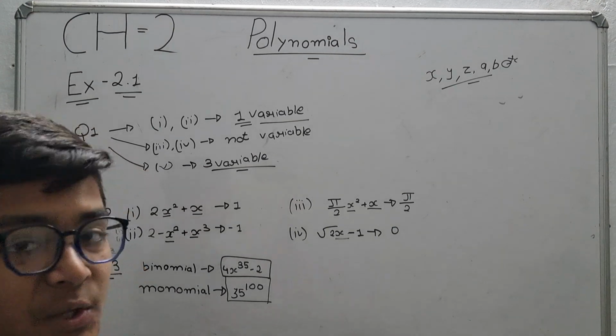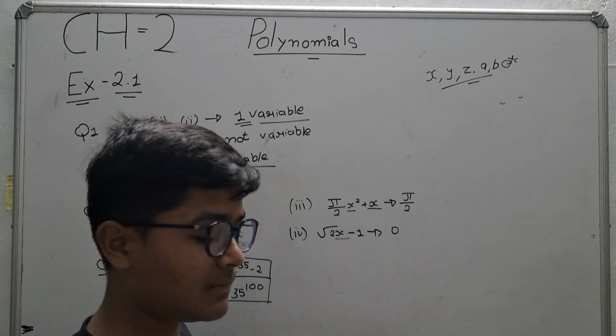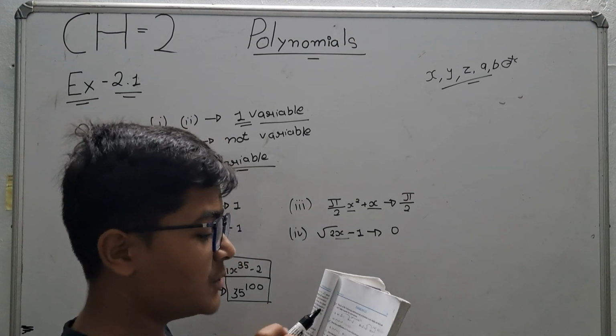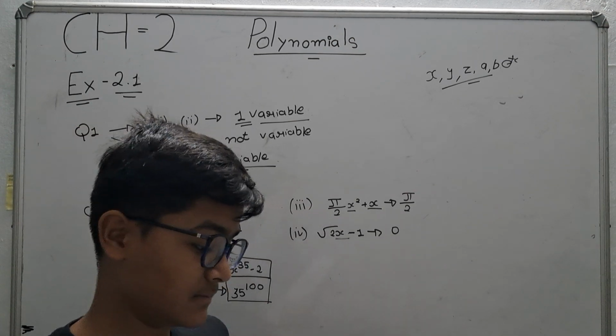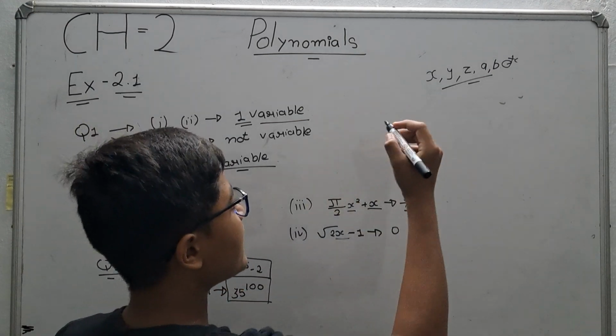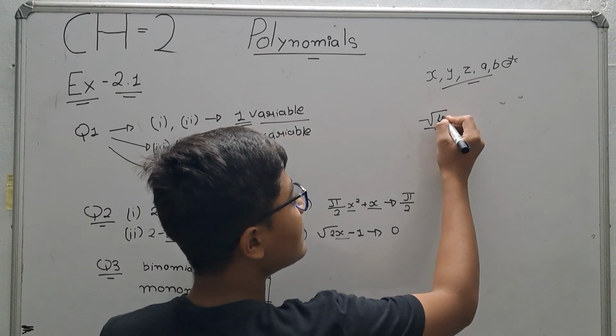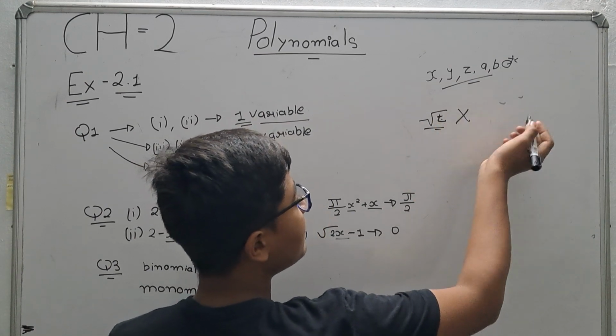Now in 3 you can find t, but it is not a polynomial, because there is a root sign; t is under the root sign, so it is not a variable.